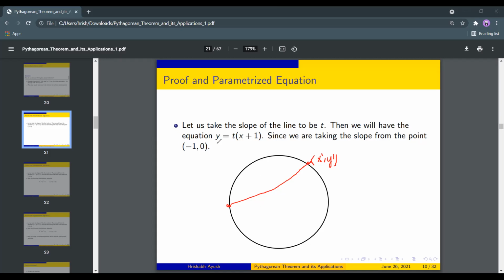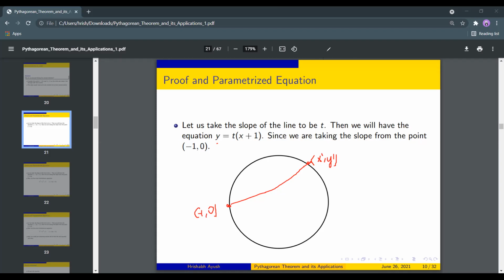It will come out to be y equals t times x plus 1. Does that make sense? This is -1, 0. If you have any questions, you can ask. Just private message me or unmute and speak. Okay, I'll take that as a no.